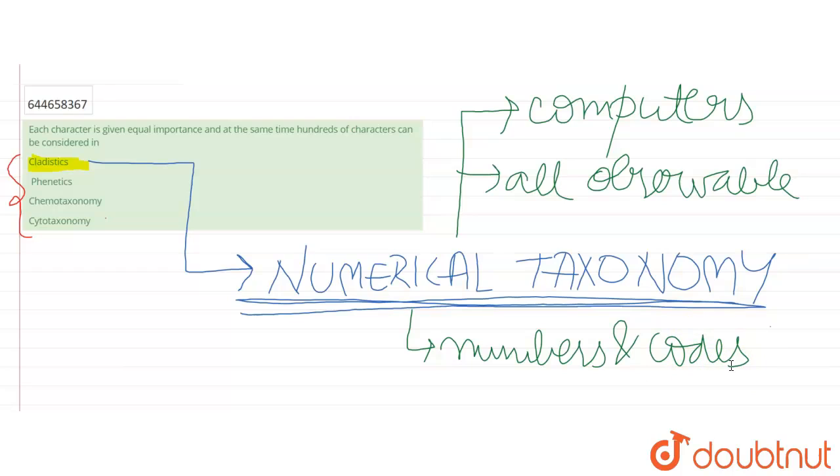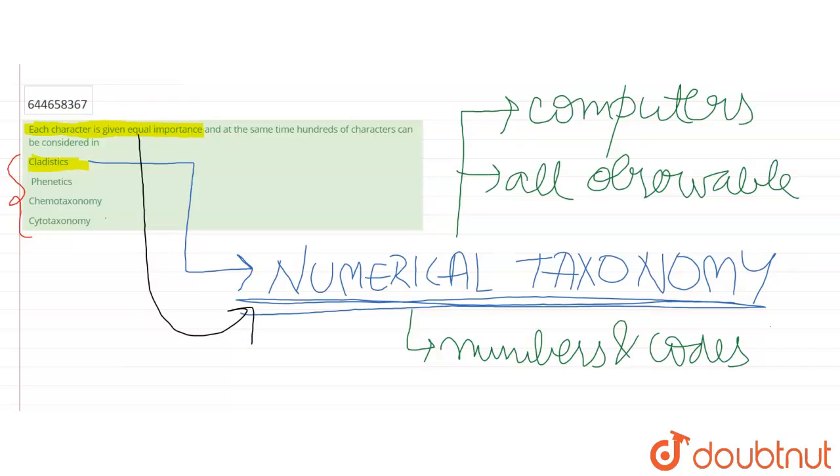Each character is given equal importance, and this is mentioned in the question too, as here it is written each character is given equal importance, and this is seen in numerical taxonomy.